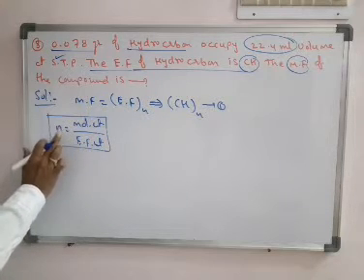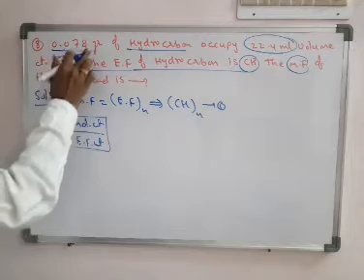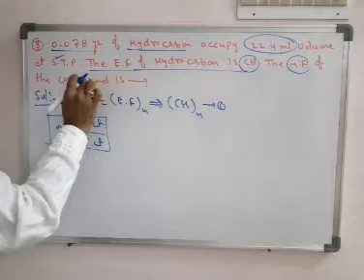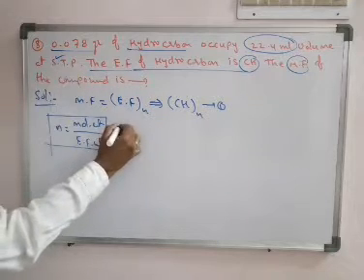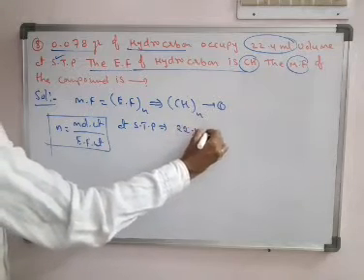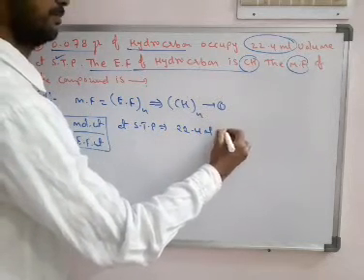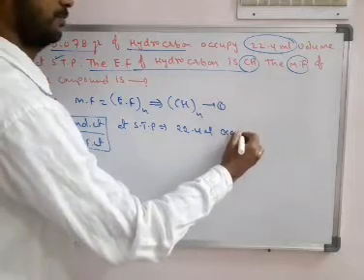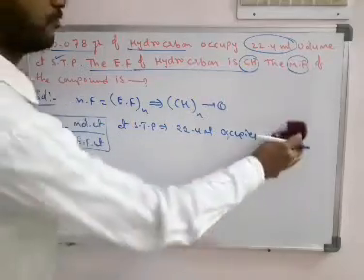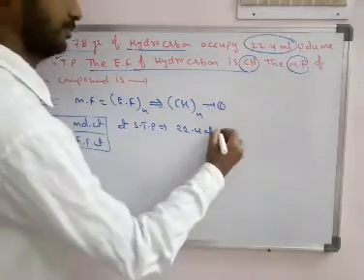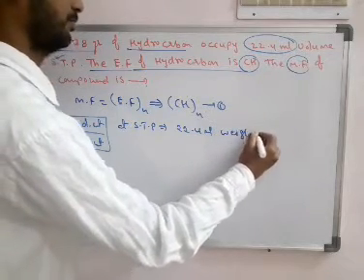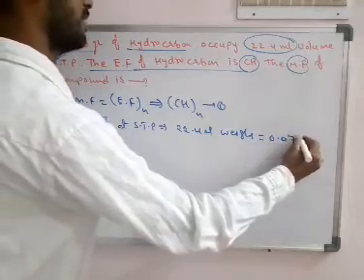The information given for the molecular weight is the volume occupied by the compound at STP. At STP, 22.4 milliliter occupies 0.078 grams.